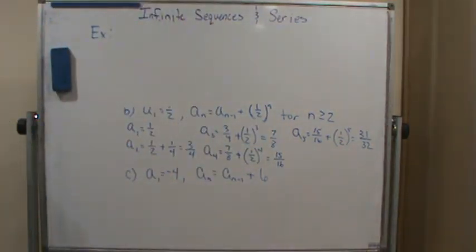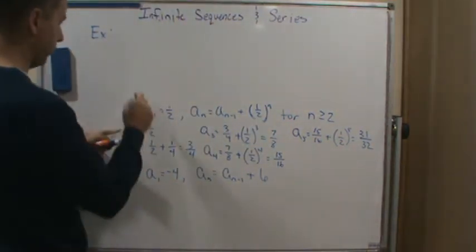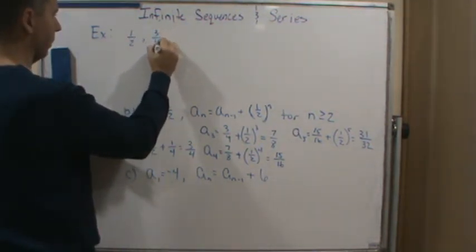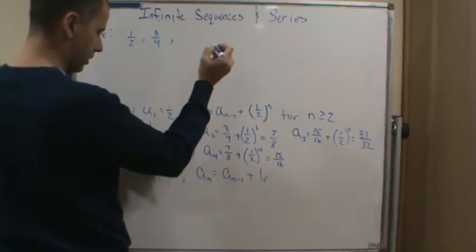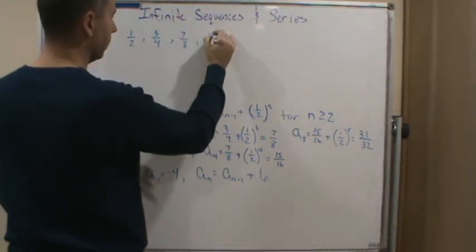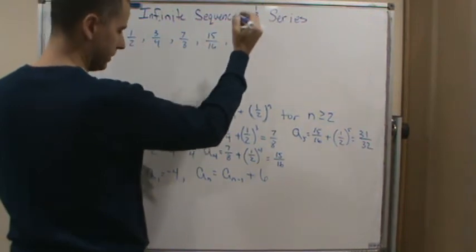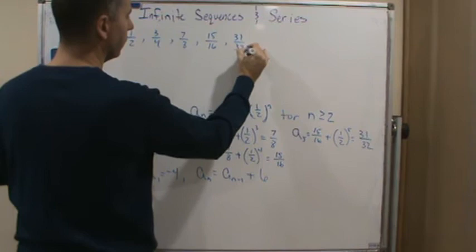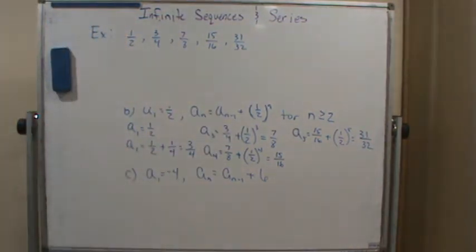Okay, so let's write down the sequence of numbers. So we got 1/2, 3/4, 7/8, 15/16, and 31/32.